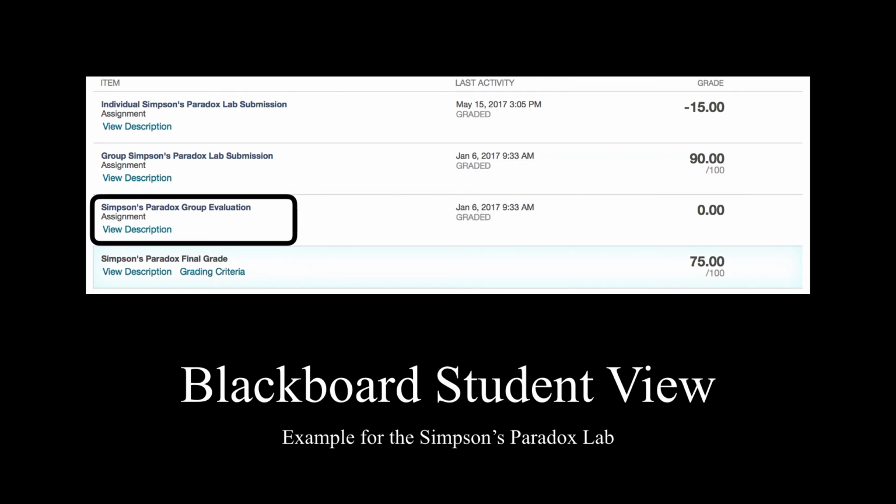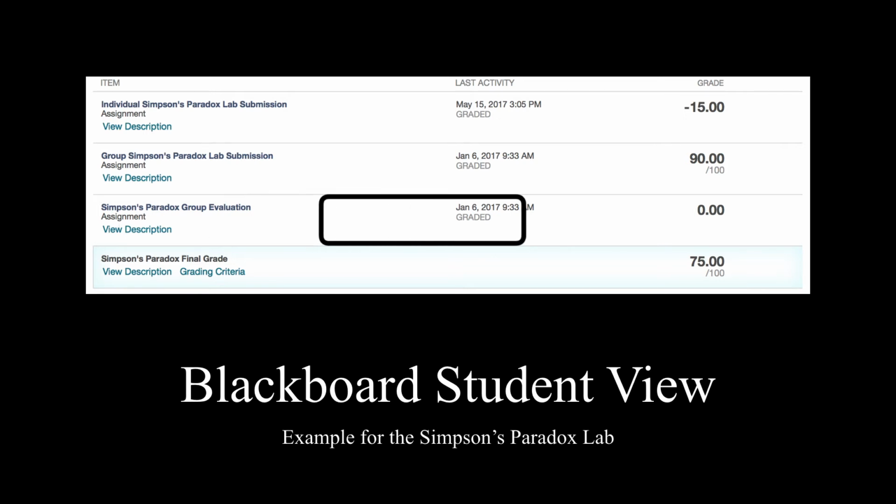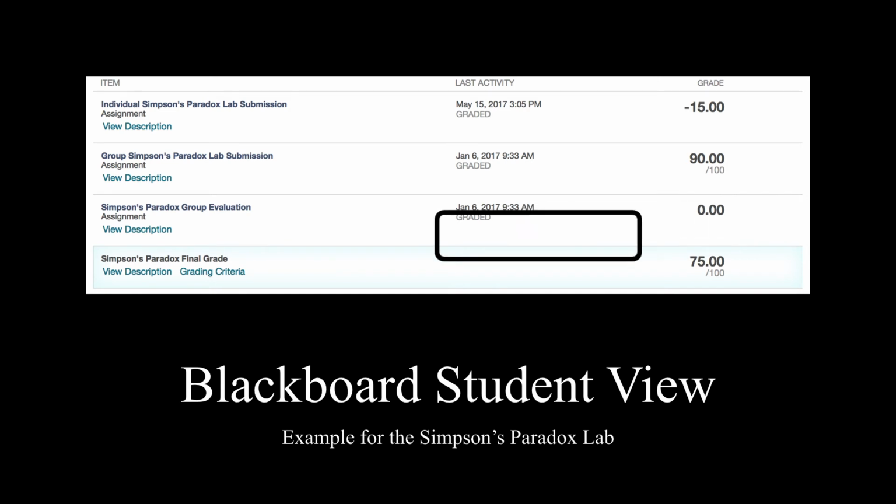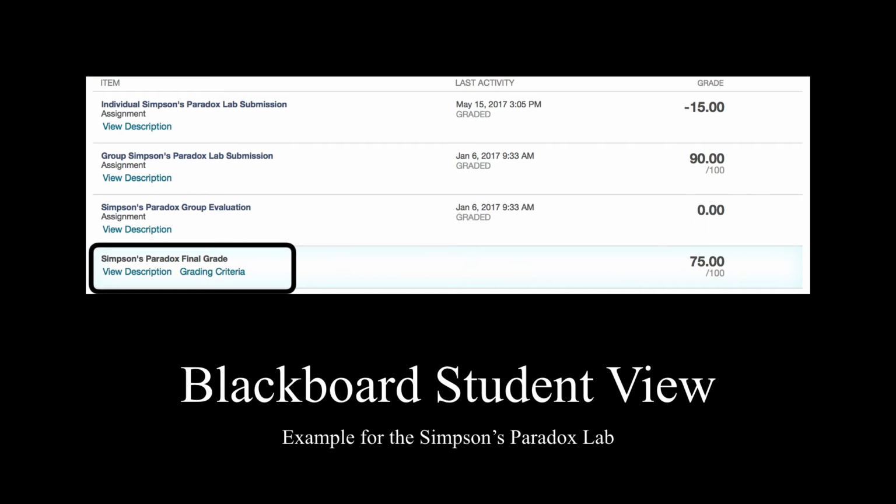On this student's group evaluation, they received all 5s, which means they had 0 points deducted. This 0 does not mean that they did not do it. This means that they received 0 reductions. The final row is the final grade, and this is what is calculated into the overall course average.